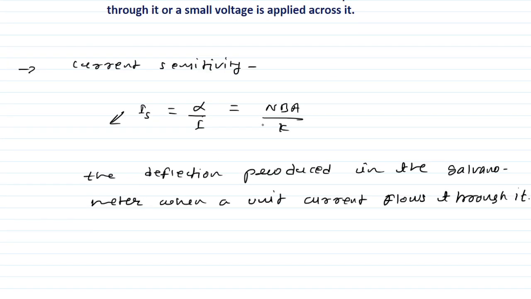Unit current means per unit current. Alpha upon I is called current sensitivity.